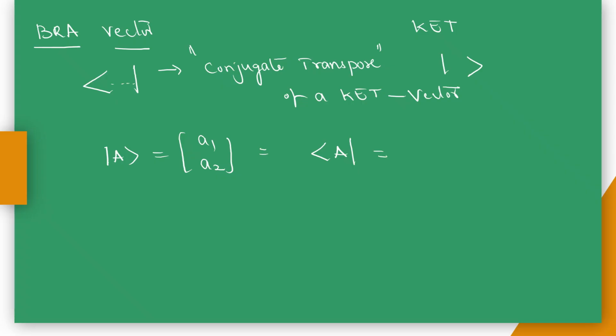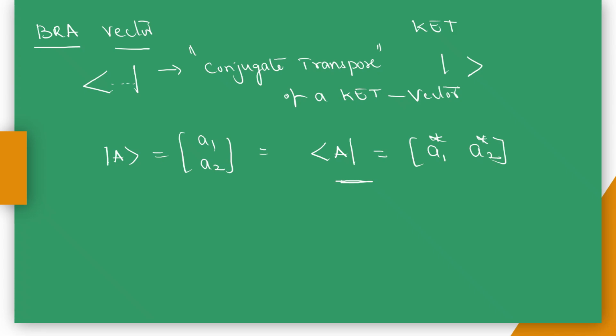The column vector is changed to a row, and A1 and A2, which are ordinary numbers, are replaced by their complex conjugates: A1 star and A2 star. This is the representation of the bra vector.